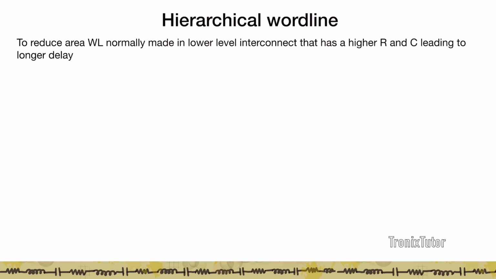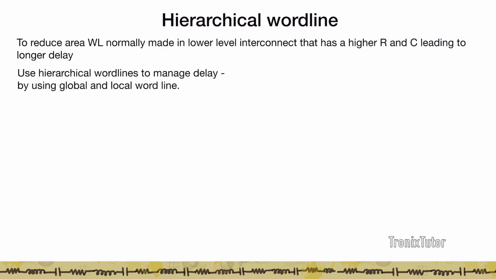Now, many times, because these word lines are very long, we use what are known as hierarchical word lines to manage the delay. That is because we want to keep the word lines in the lower metal lines, which have lower capacitance but high resistance. So we have a global word line and a local word line.